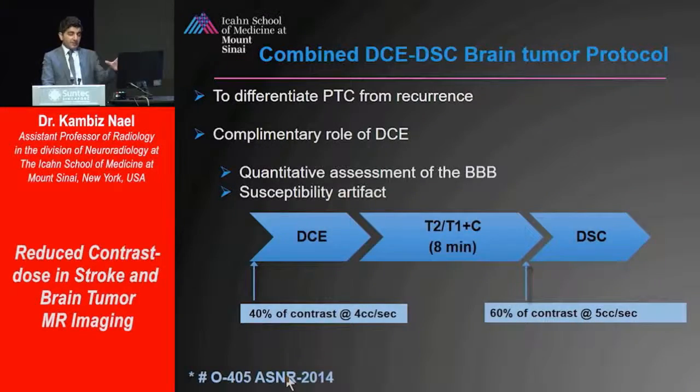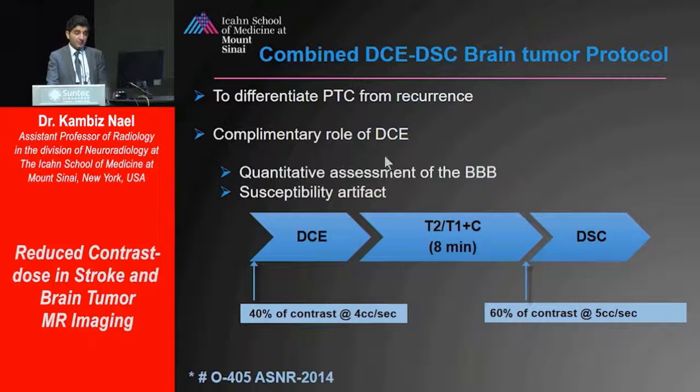So the second clinical application in which I use DSC perfusion, or the low-dose DSC perfusion, is brain tumor imaging, as I mentioned earlier. And that's really to differentiate post-treatment changes from recurrent high-grade glioma.